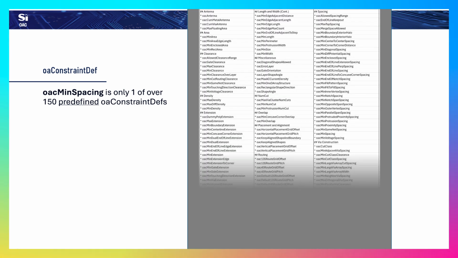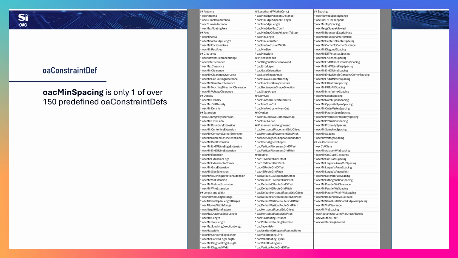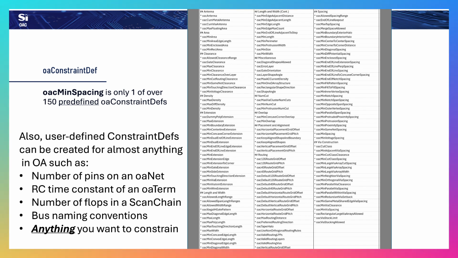OA has an extensive list of predefined built-in constraints, about 150 or more, of antenna rules, area rules, clearance rules, etc., all of them already predefined in OA. It should also be noted that constraint defs are not limited to layout, because user-defined constraint defs are possible.